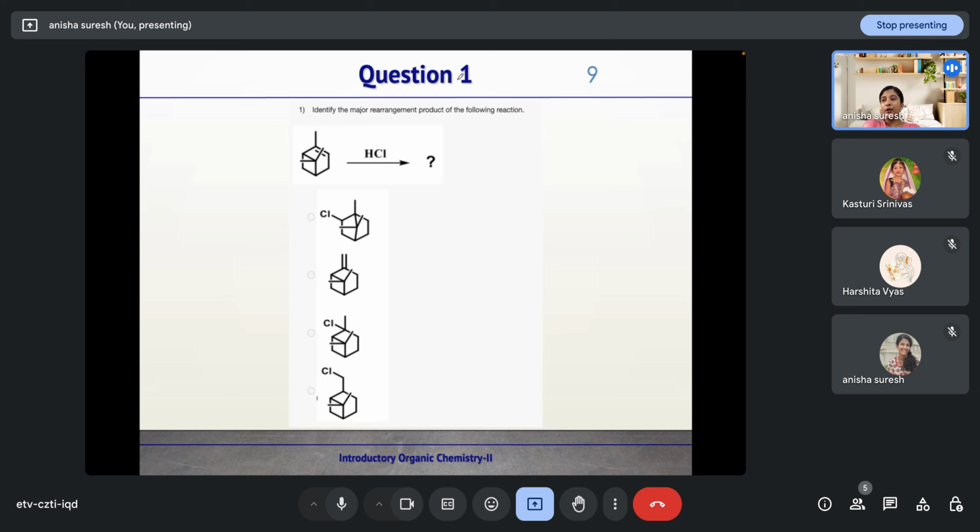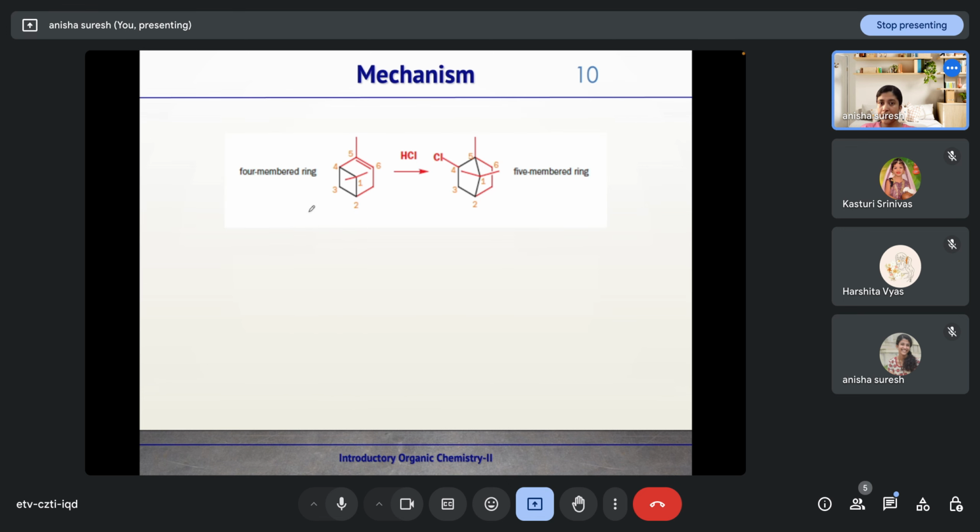What is the major product that is formed here? D is the wrong answer. The correct answer will be option A. We will see how it is taking place.